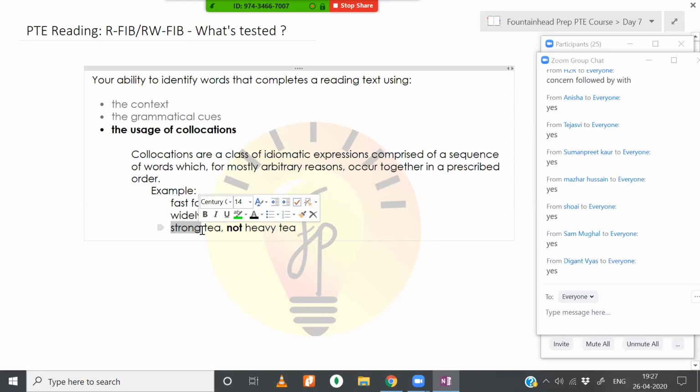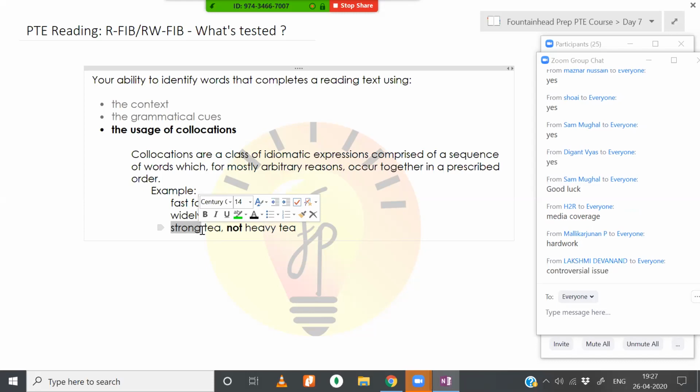Can you come up with a few examples? Can you type in a few examples that immediately come to your mind? Media coverage, yes.